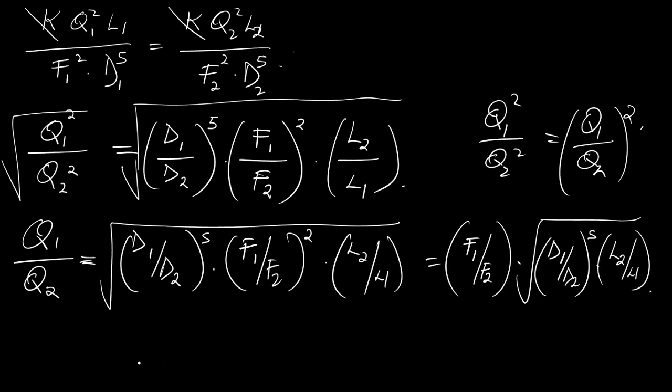Now, let's calculate F1. We're using the formula: log of 3.7 D divided by E, base 10. Let's assume E is equal to 700 micro inch.